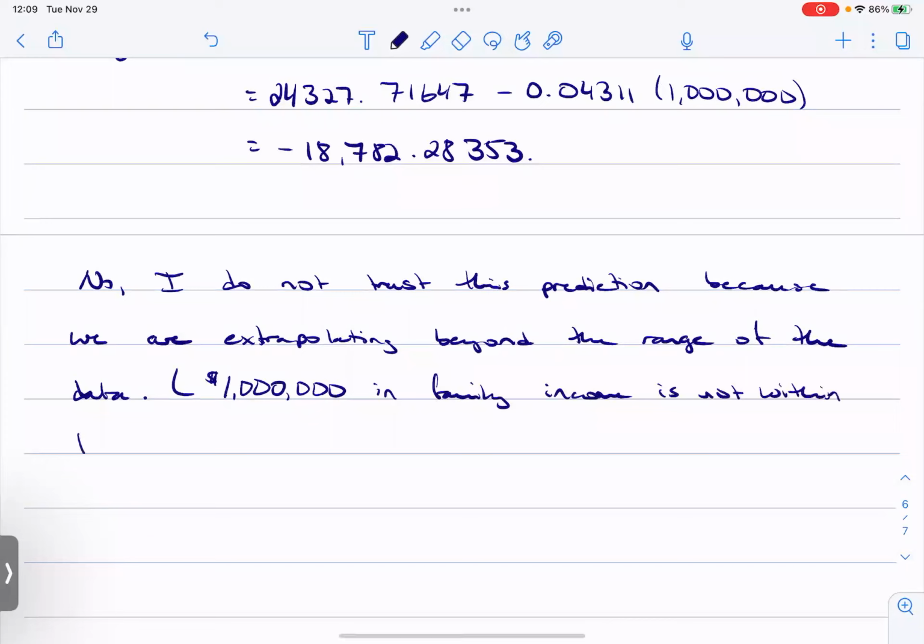It's not within the range of our X's. I'd love to see beyond the range of the data. It is redundant because the definition of extrapolating is that you're predicting beyond the range of the data.